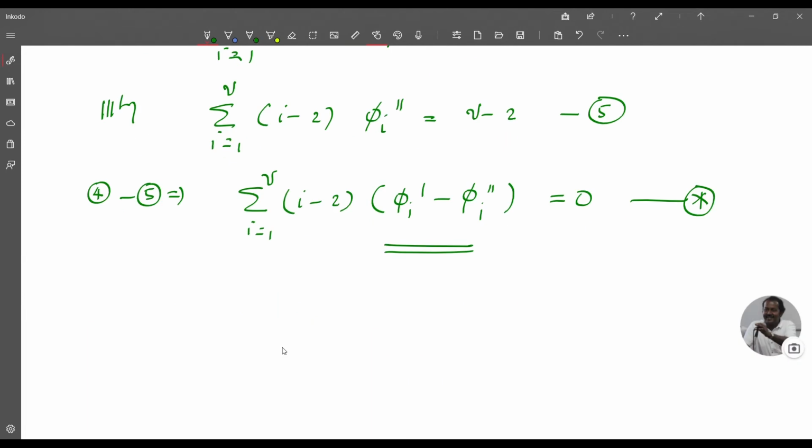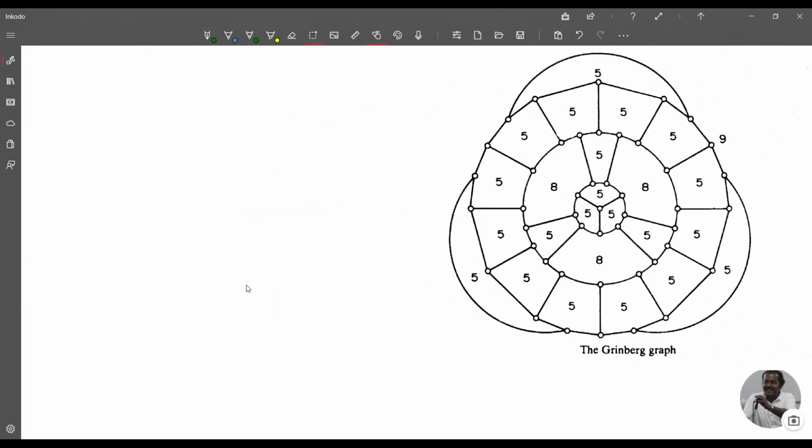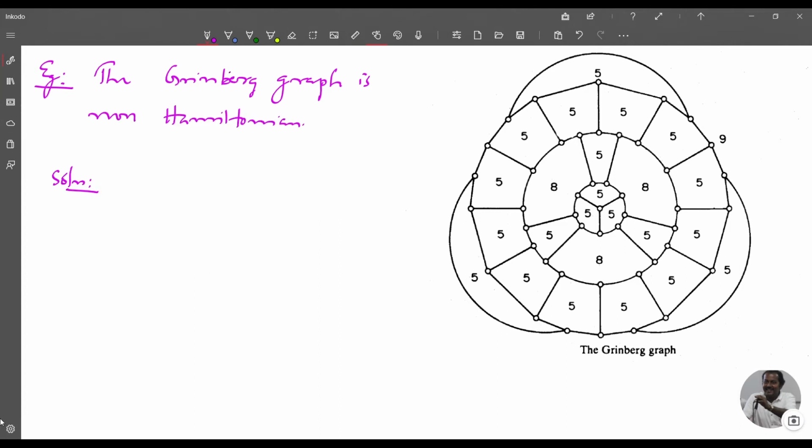Now using this theorem, we are going to show that the Grinberg graph as shown in this figure is non-Hamiltonian. So, example: the Grinberg graph is non-Hamiltonian. Solution. From this figure you can see that this graph has only faces of degree 5, degree 8 and degree 9.